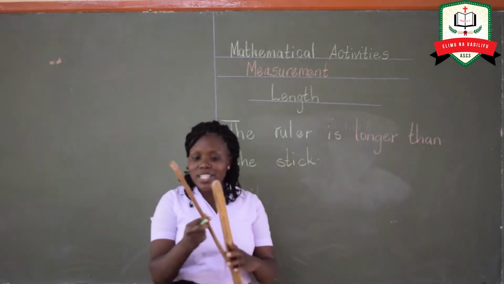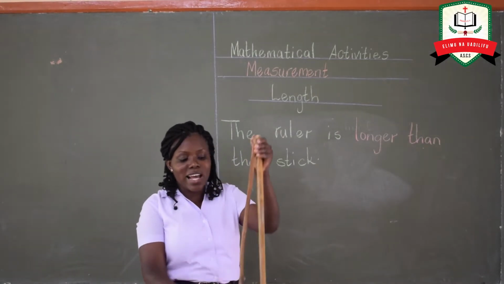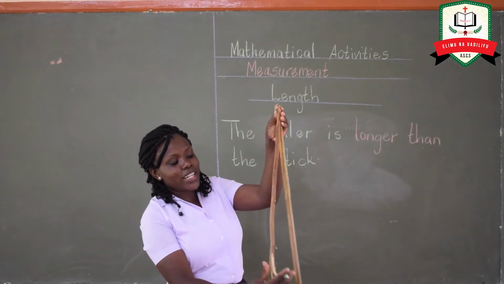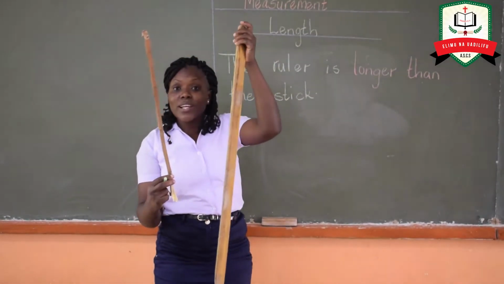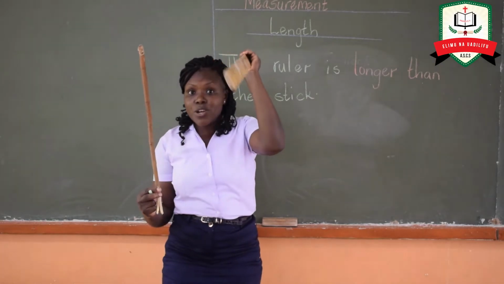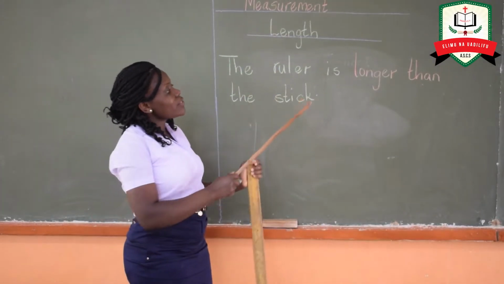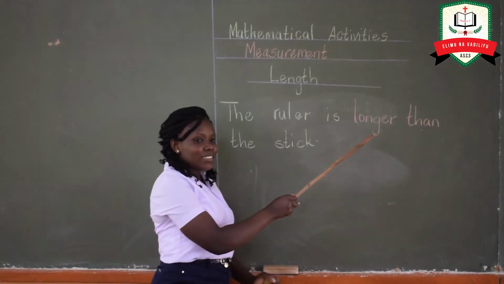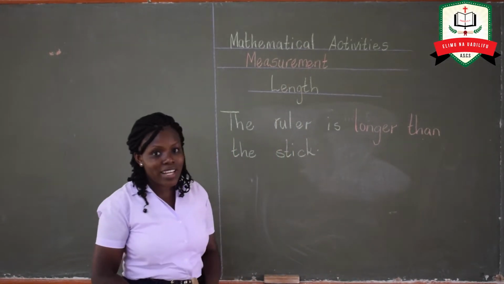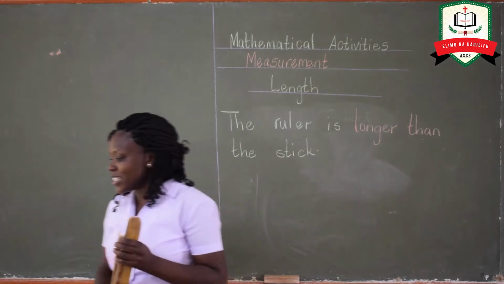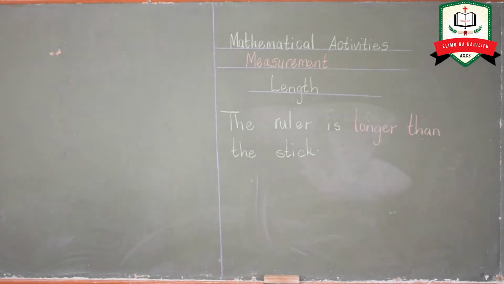Did you see what we did? Yes, we are comparing the ruler and the stick. Can you see the stick is short and the ruler is long? So if you're starting with the word ruler, then you say the ruler is longer than the stick. Take note of this: longer than.